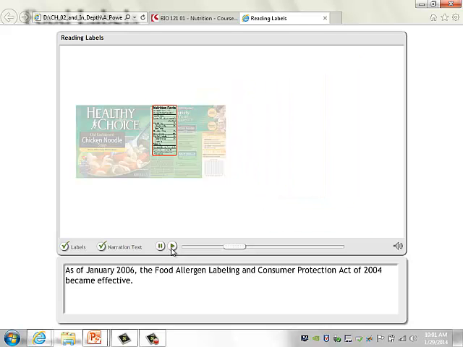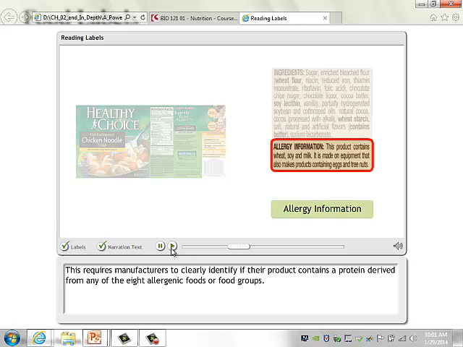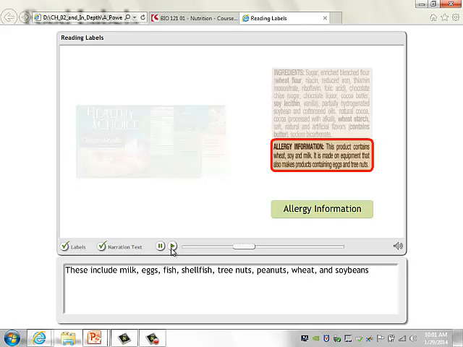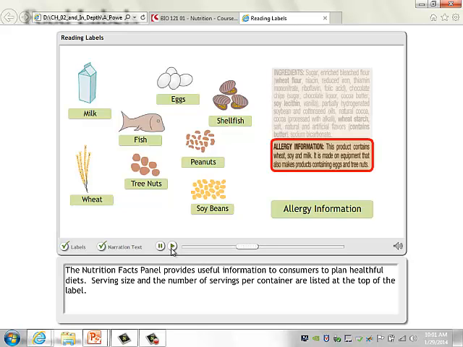As of January 2006, the Food Allergen Labeling and Consumer Protection Act of 2004 became effective. This requires manufacturers to clearly identify if their product contains a protein derived from any of the 8 allergenic foods or food groups. These include milk, eggs, fish, shellfish, tree nuts, peanuts, wheat, and soybeans.